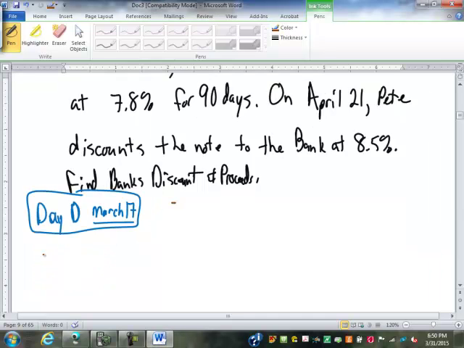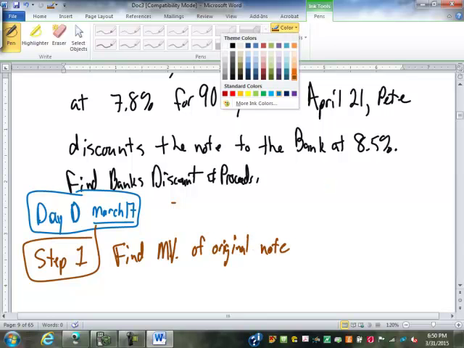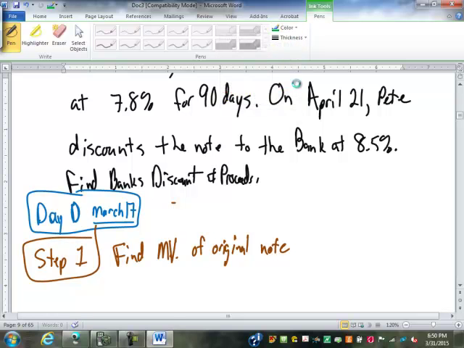Step 1 is to find the maturity value of the original note. This is a 2-step process in itself. What is the first part of that? Nope. Finding the interest. The original note does not depend on March and April.